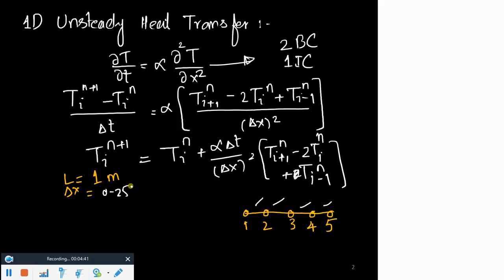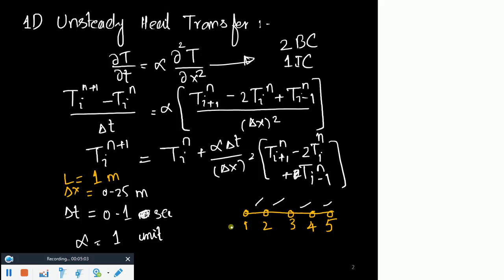So this would be 0.25 meter delta x. And then let's say delta t can be taken as, for example, 0.1 second, I'm sorry, 0.1 second. And then alpha can be taken as 1 unit, whatever the unit is.